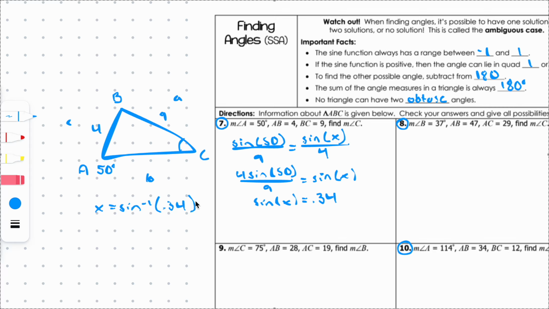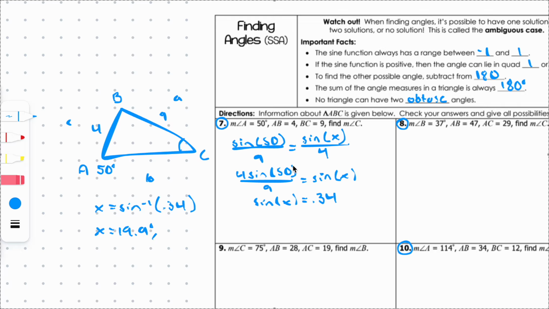When you do that on your calculator, by pressing second sine, inverse sine of 0.34 gives us 19.9. So I'm going to write this here. We get x equals 19.9 degrees.